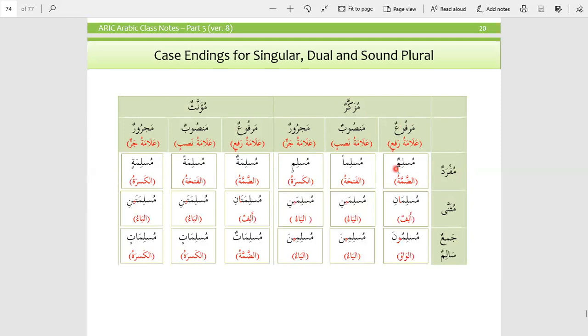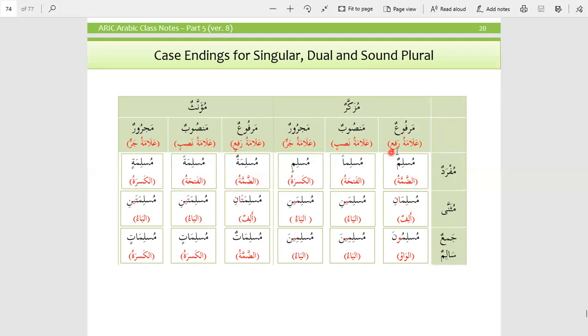All nouns that end with dhamma, we say they're in marfu'un case. And the sign is dhamma. This dhamma that we are seeing on top, at the ending of it, is the marfu'un sign. We call this alamatu rafi'in. Alamatu is a sign.